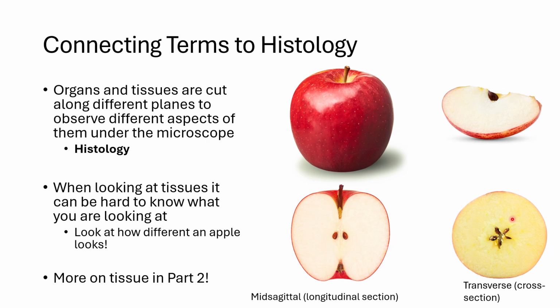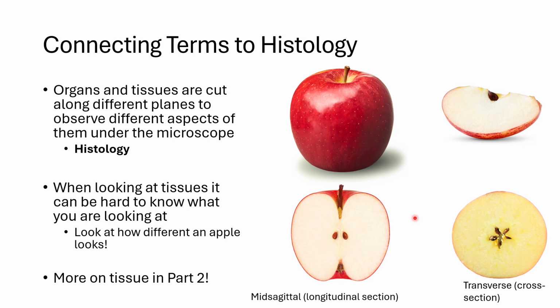But if we did a cross section, it would look like this. Those look so different underneath the microscope. And without an understanding of the organ itself, like, this is coming from an apple, that makes sense of why it looks like this. Or this is coming from a kidney or a heart. It's really hard to wrap your brain around what the heck am I looking at.